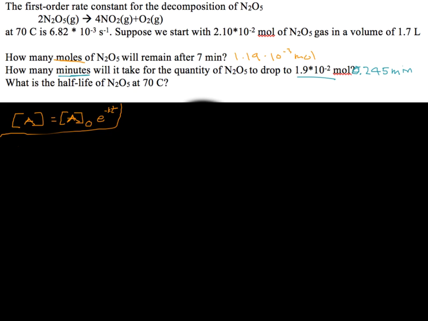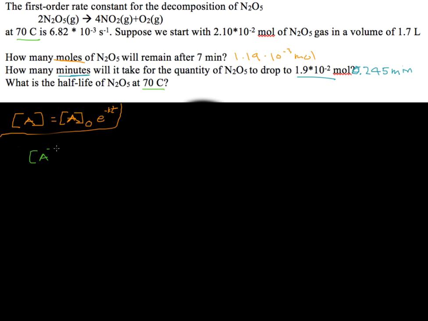Let's get a nice green color here. Okay. What is the half-life of N2O5 at 70 Celsius? Now, we don't have to worry about temperature. These two temperatures are the same.